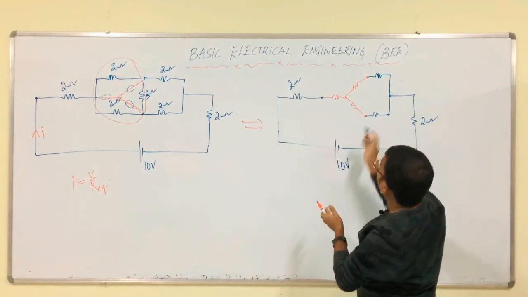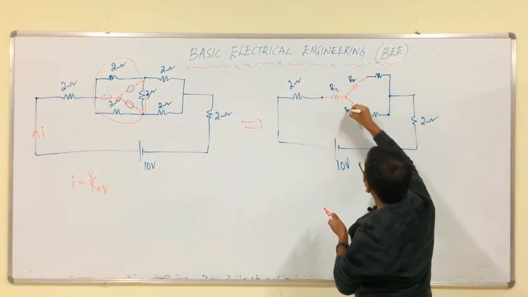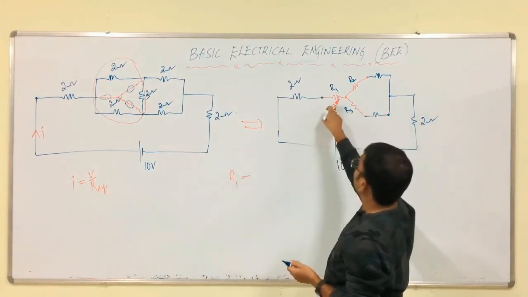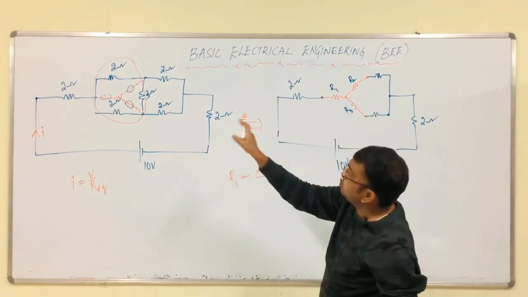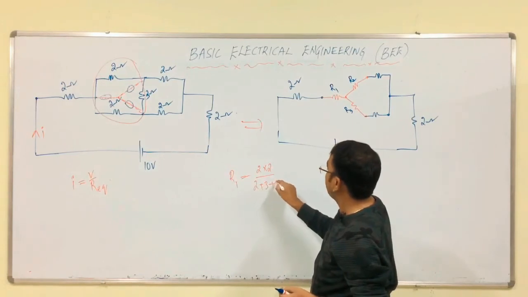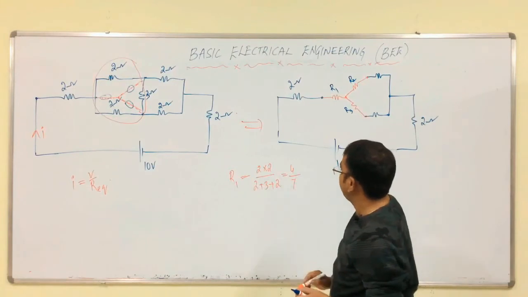Simply we have to write R1, R2, R3. So, R1 is equals to what? 2 into 2 by total resistance 2, 3 and 2. So, 2 plus 3 plus 2, which is equals to 4 by 7.